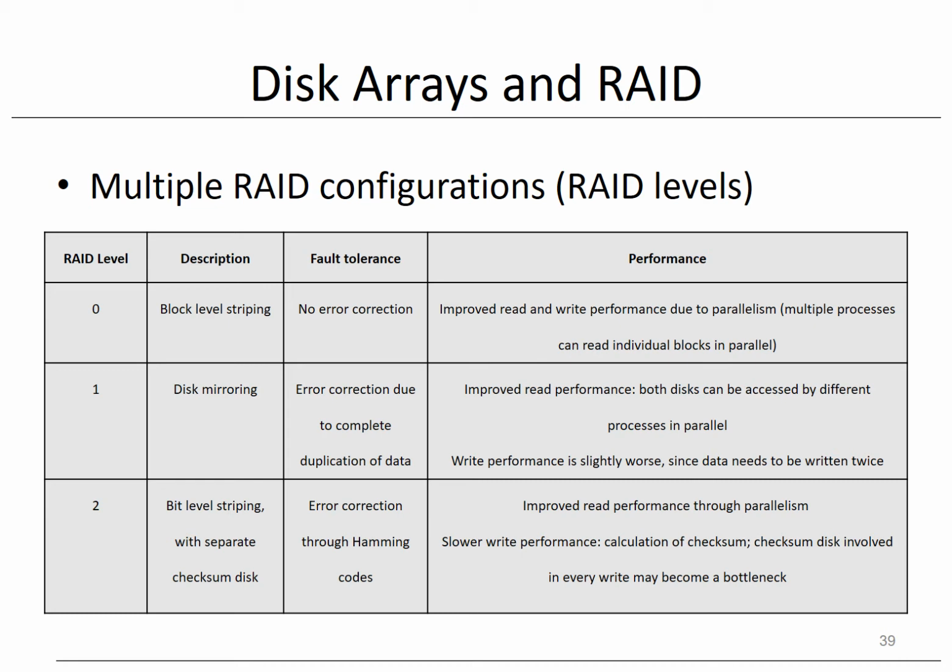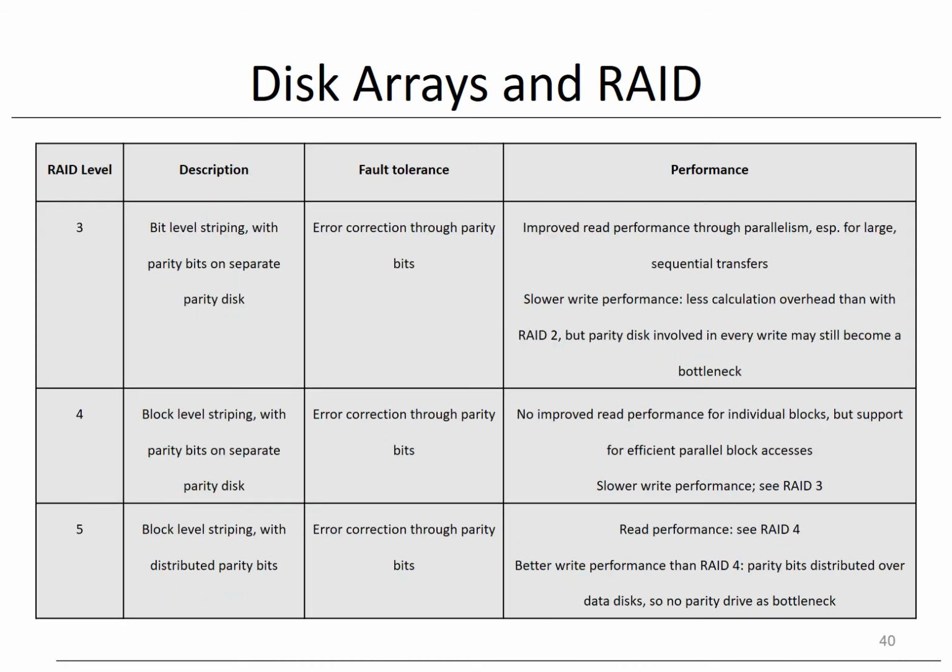RAID level 2. Bit level striping with separate checksum disk. Error correction happens through Hamming codes. Improved read performance through parallelism, but slower write performance. Calculation of the checksum disk involved in every write may become a bottleneck. RAID level 3.